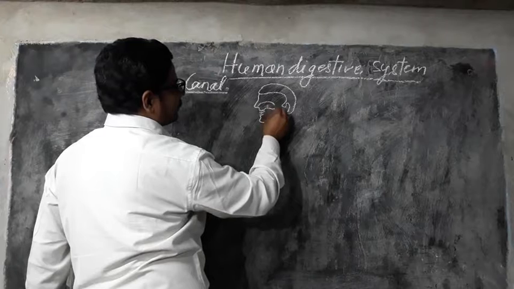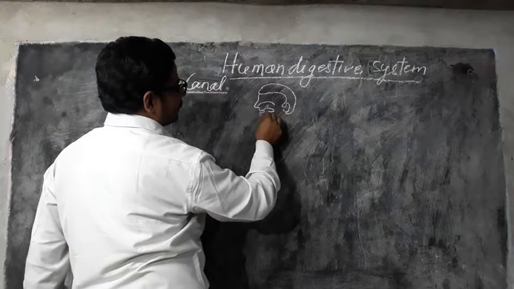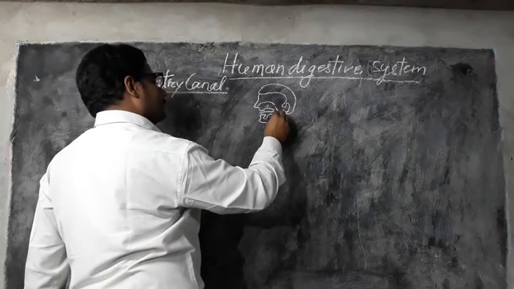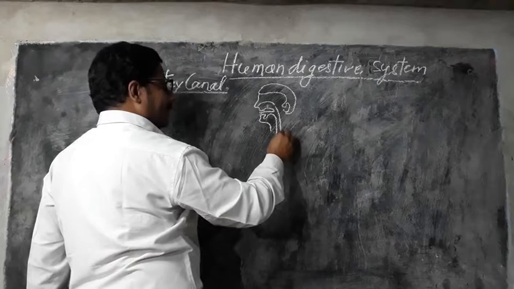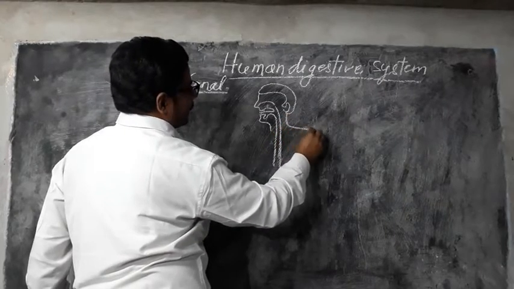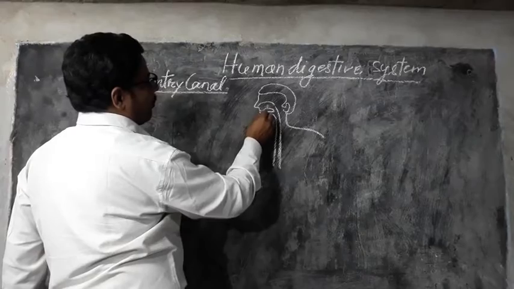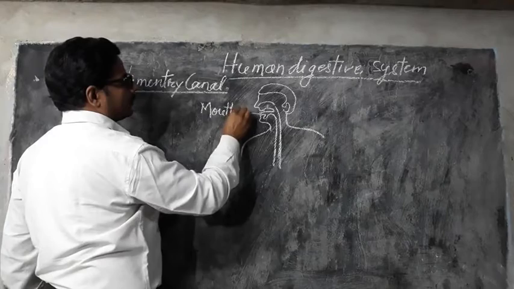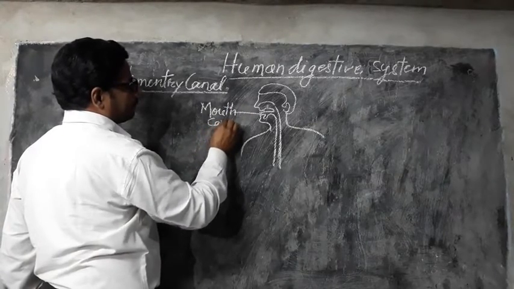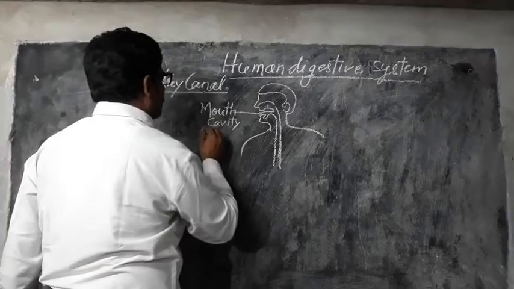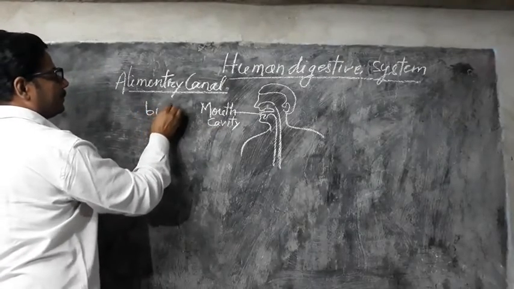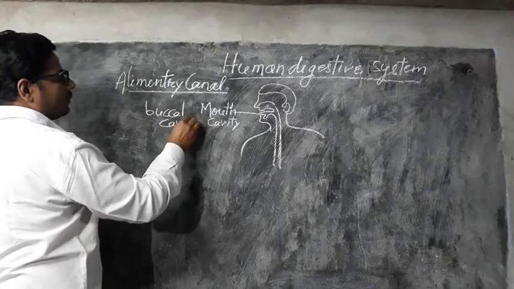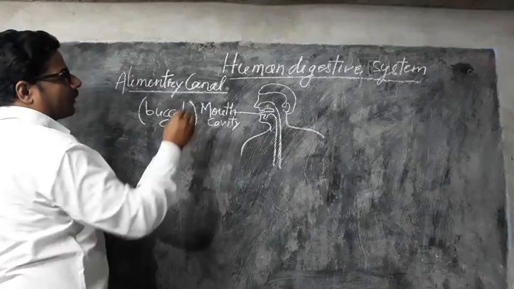So the human digestive system consists of the mouth. This is called the mouth cavity, or it is also called the buccal cavity.